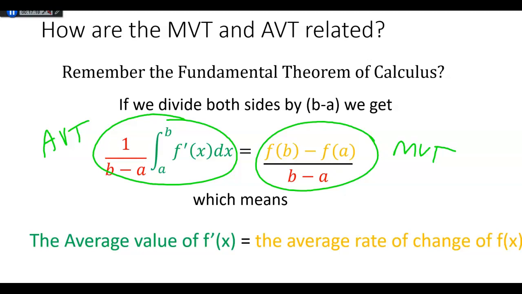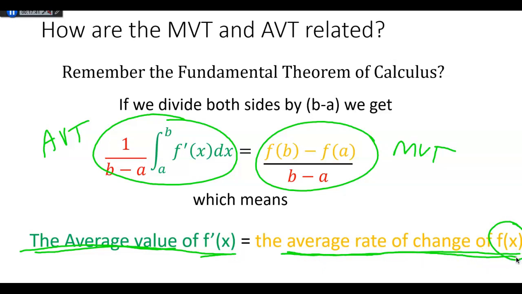The average value, the average y value, the average output of your derivative is the average rate of change of your original. Okay? Now, I could reword this. The average value of f prime of x, that means the average rate of change. I could reword the average rate of change of f as the average value of the slope. They are the same thing.